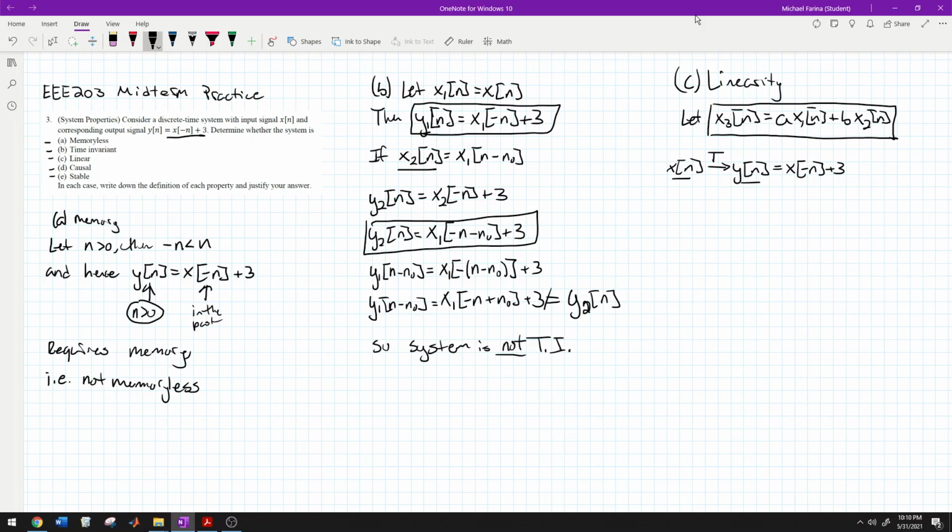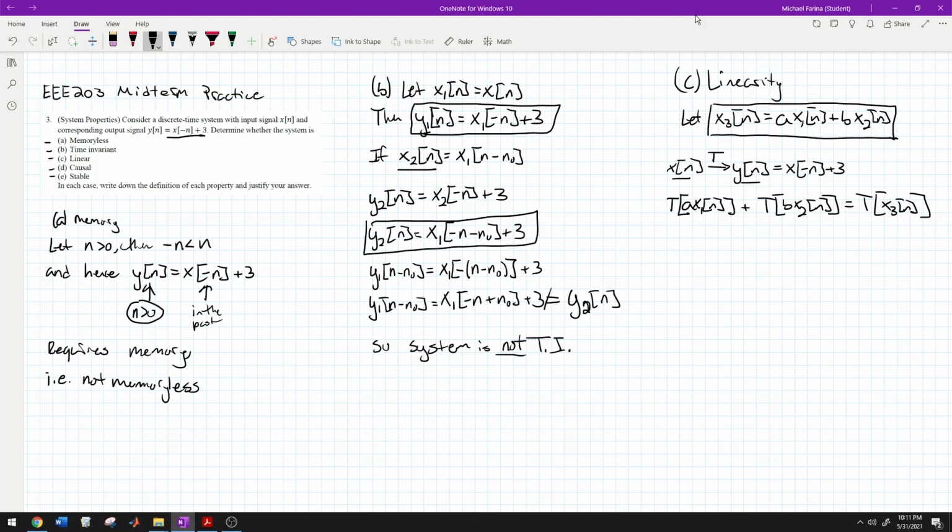So if the system's linear, then T of the linear combination, a x1 of n plus b x2 of n, should equal the transform of x3 of n.